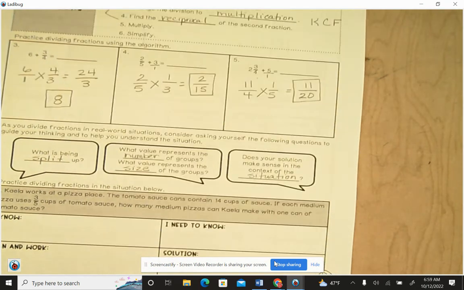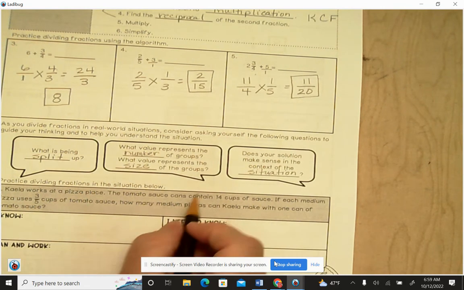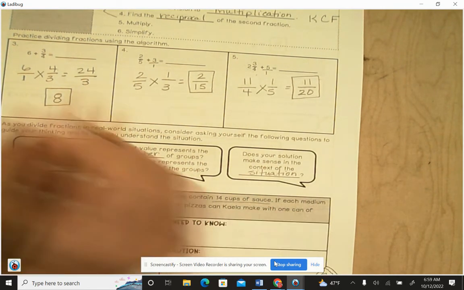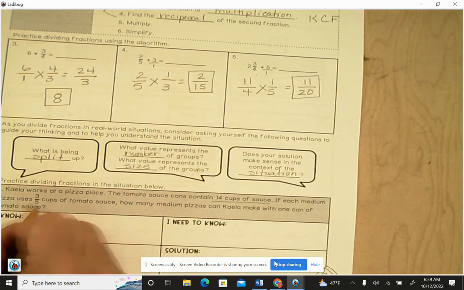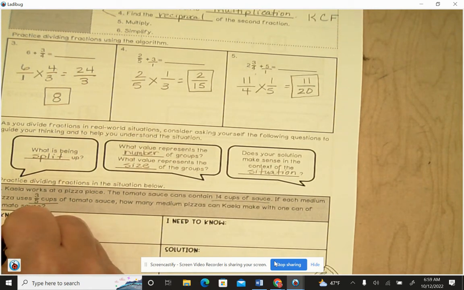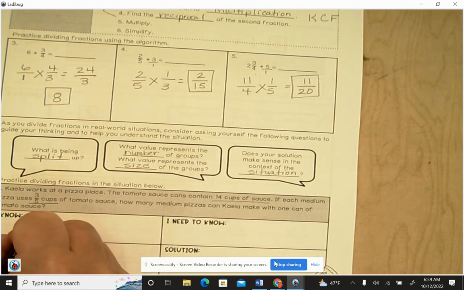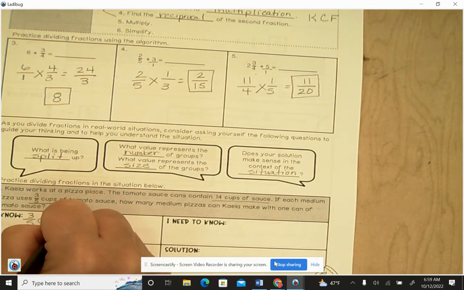All right, so in this problem, Kayla works at a pizza place. Tomato sauce cans contain 14 cups of sauce. Each medium pizza uses 3/4 cups of tomato sauce. How many medium pizzas can Kayla make with 1 can of tomato sauce? So we know that 3/5 cups of sauce per pizza.